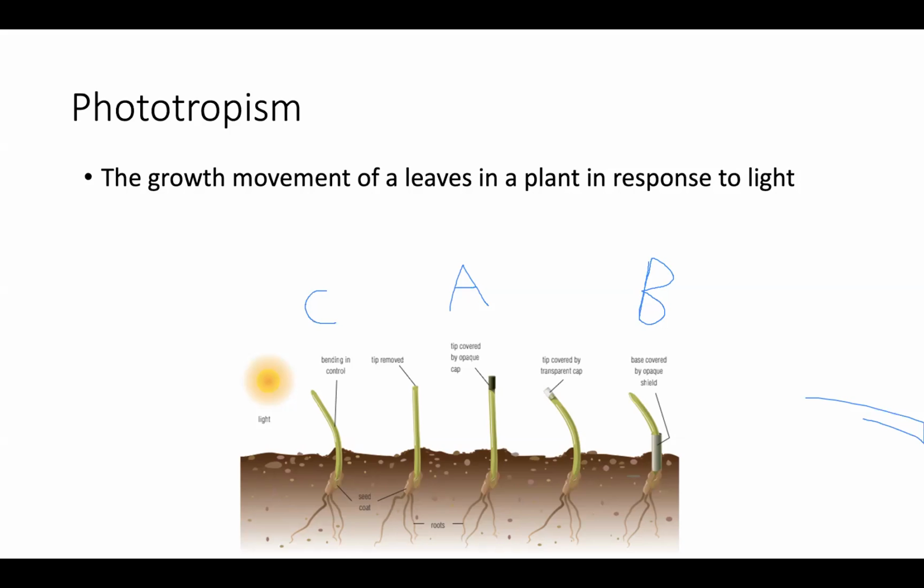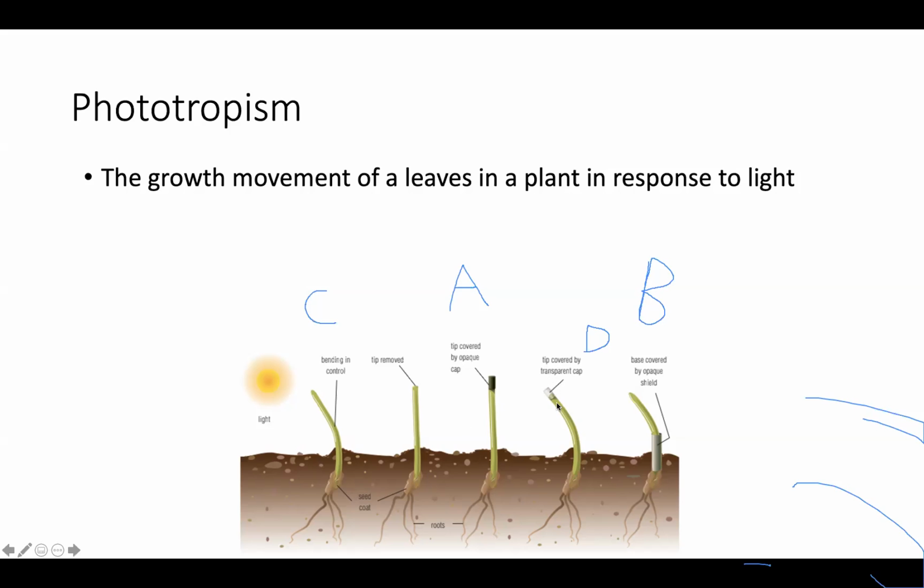So from experiment B, they found that the phototropism was influenced by, well, between B and D. I'm going to write D now. So this is going to be D. Between C and D, in experiment D, they covered the tip with a transparent cap, and the term transparent will allow the majority of the light to go through it.